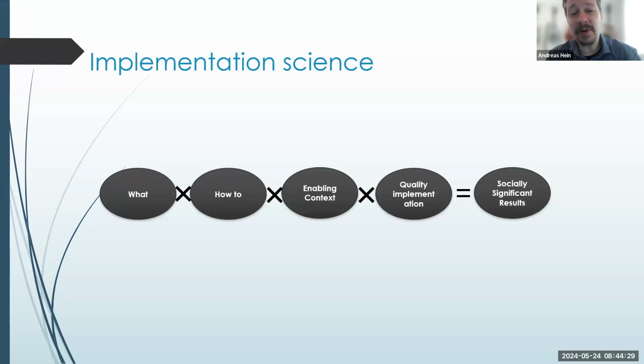And then on the other part, we have the enabling context. It's a context where you can actually implement an intervention and make it work. And then you have the quality of implementation. As I said, it's not just implementing something, it's implementing it to a standard that will let you have significant results.